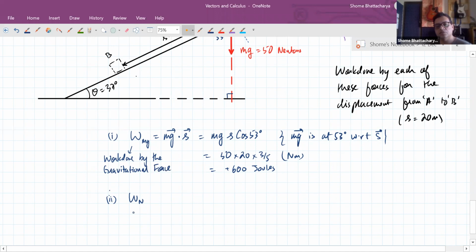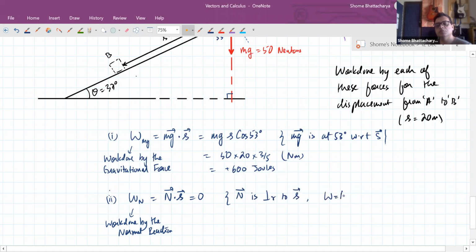When we come to the second of the three, the work done by normal reaction, we can see that the dot product here will result in 0 because the normal reaction is perpendicular to the displacement. So the work done will become this, and we know that cos 90 degrees is 0. So the work done by normal reaction turns out to be 0.